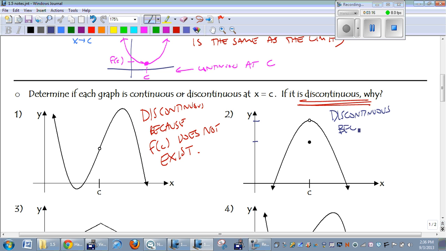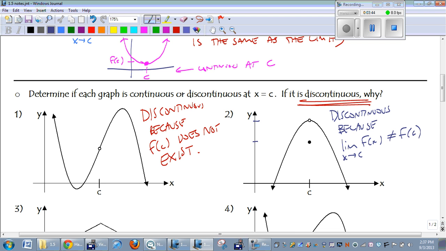This one's discontinuous because the limit as x approaches c of f of x does not equal f of c. The limit is not the same as the actual value. So this is not continuous, and it's pretty easy to see, but this is the reason why it's discontinuous.